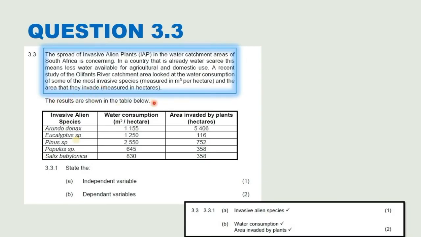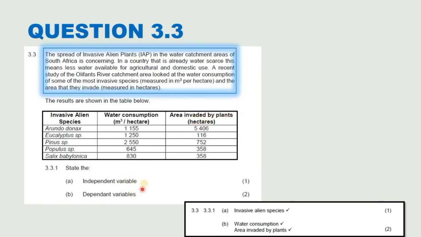Here they gave you a result. Here are the different species on my left-hand side. This will be your independent variable. Then you have two columns. Your second two columns are always your dependent variables. The first dependent variable is your water consumption, and the second dependent variable is the area invaded by these plants.